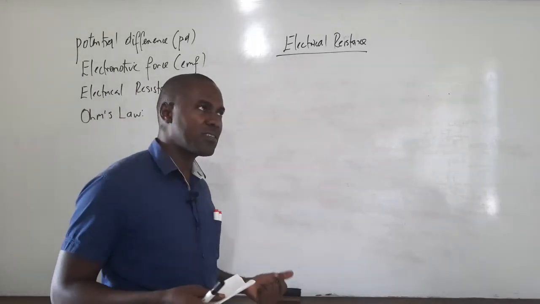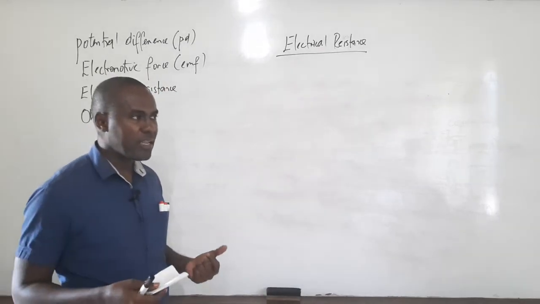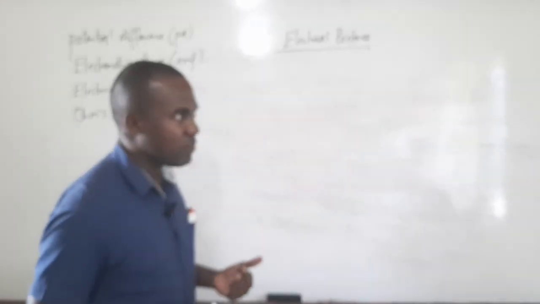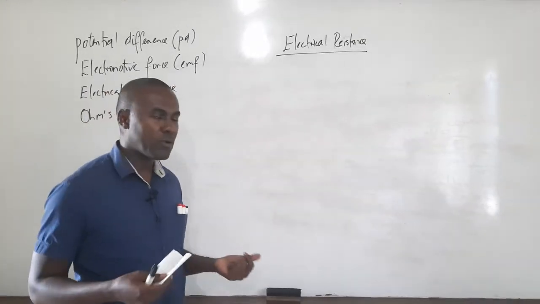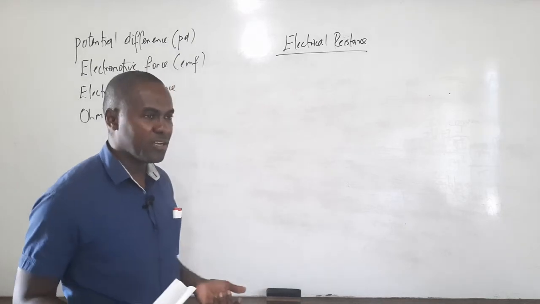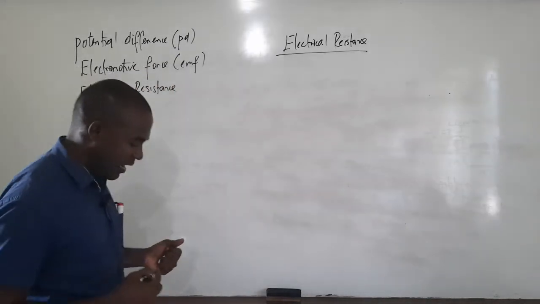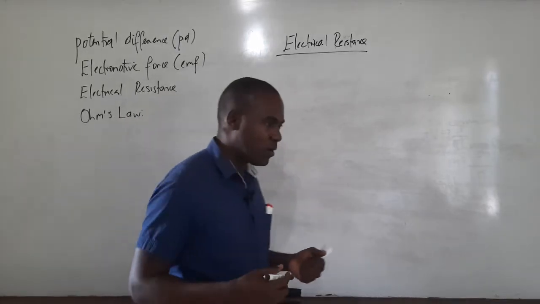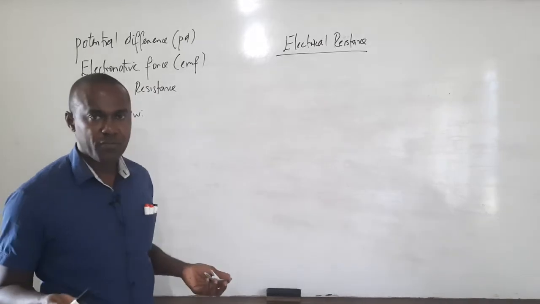So, resistance is a synonym for opposition. When we speak about electrical resistance, we're talking about some form of electrical opposition to something. And what could that thing be? It's essentially the flow of charge, right? So when we speak about electrical resistance, we're talking about a measure of the opposition to the flow of an electric current or to the flow of charge.